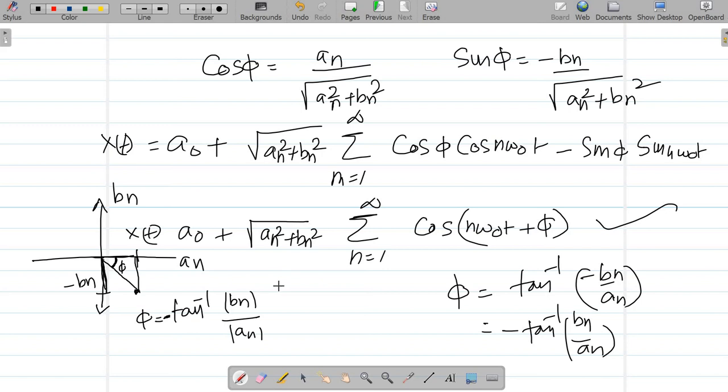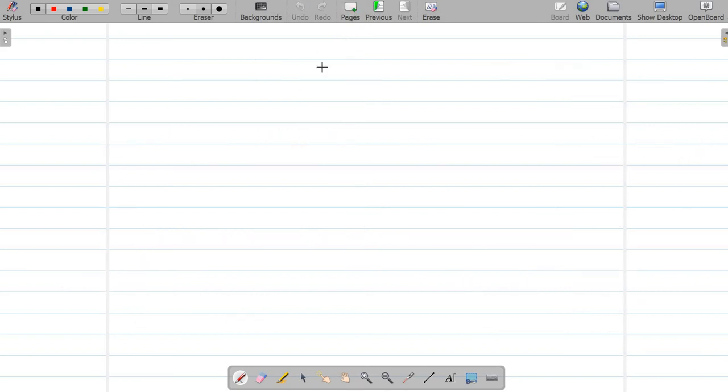So we have seen so far two types of representation. One is the trigonometric Fourier series representation, and the other one is the cosinusoidal Fourier series representation. The next type of representation is the complex Fourier series representation.